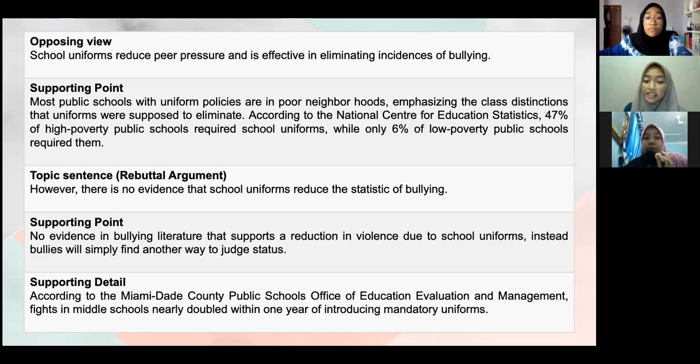Okay, for the supporting details, these will prove the supporting points with some facts, statistics or quotations. So the supporting details are basically to convince the readers.